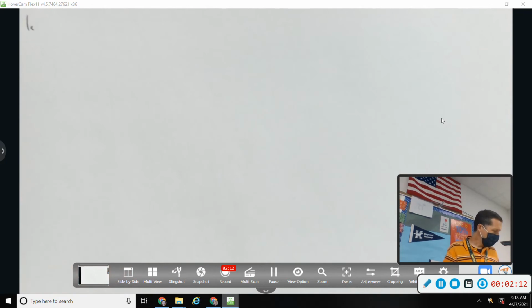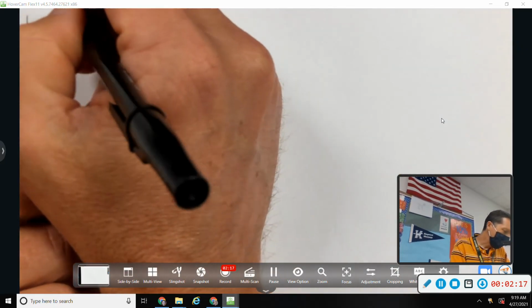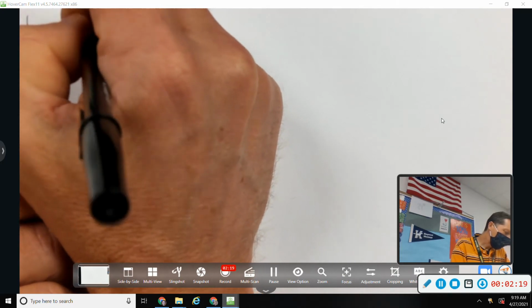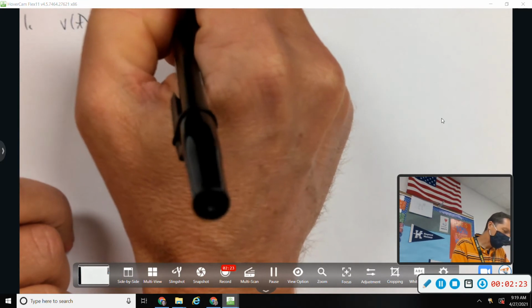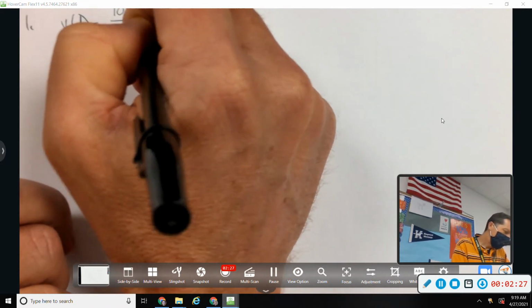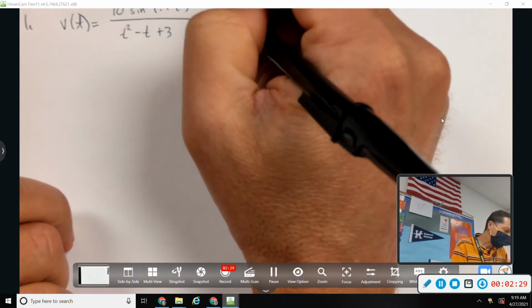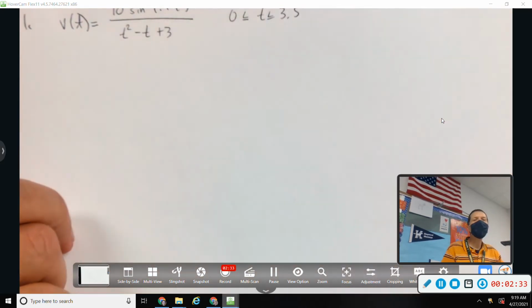So number 1, a particle moves along the x-axis with velocity given by. Okay, so this is the velocity. Again, I wouldn't have to write it down on test day, but it's good to slow down your brain and think about it.